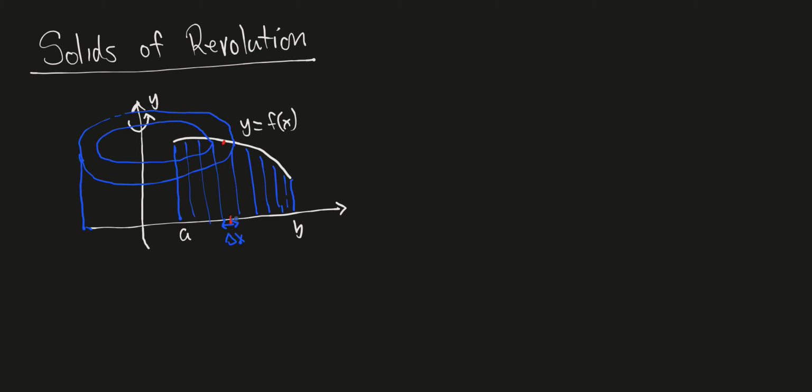So we have the delta x there, that represents the thickness of the shell. That's one thing. Right where I have the little red mark going across to the y-axis, that's the height. This distance right here is the height, and that is determined by your f of x and which x value I've chosen.